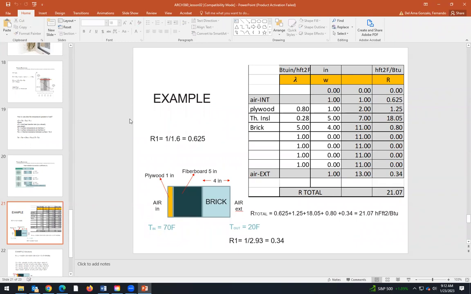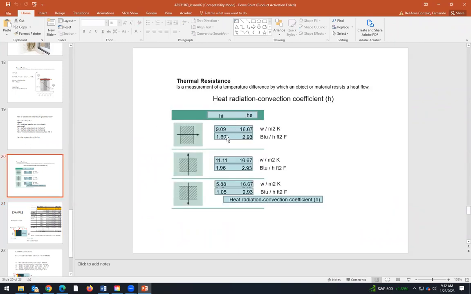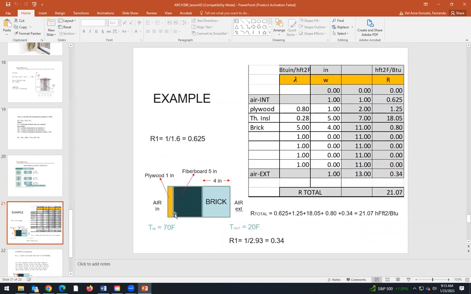Okay. What are the coefficients if we are in this wall? The indoor coefficient is 1.6 and the outdoor coefficient is 2.93. Okay, so the thermal resistance is 1 divided by 1.6.